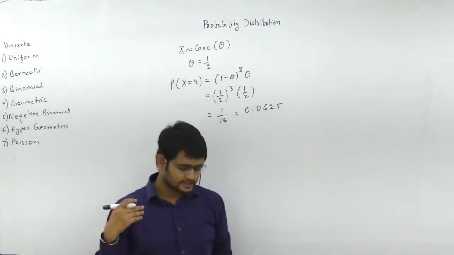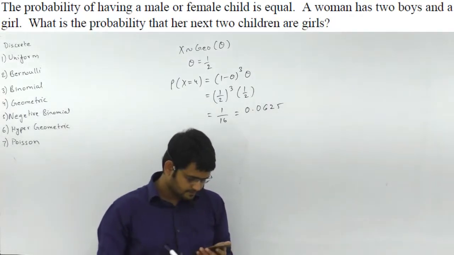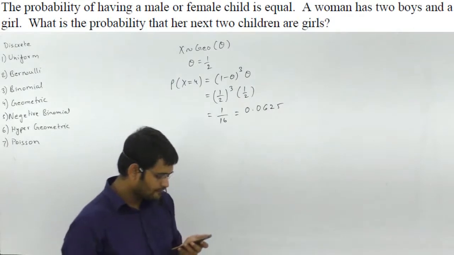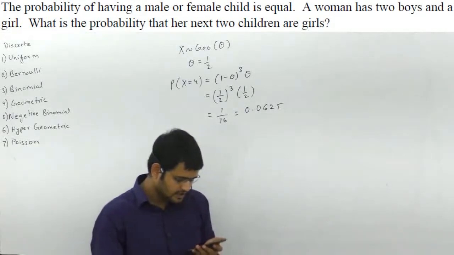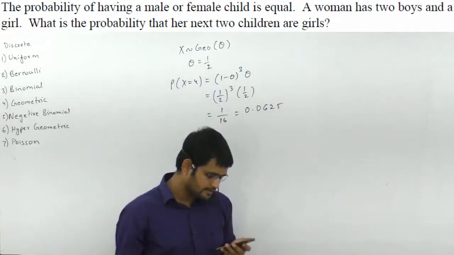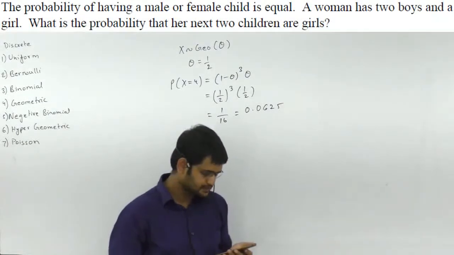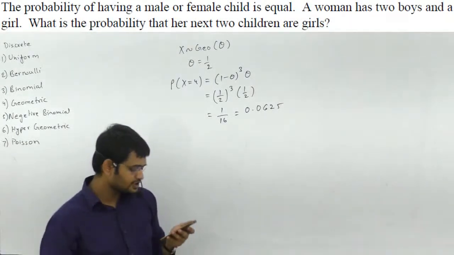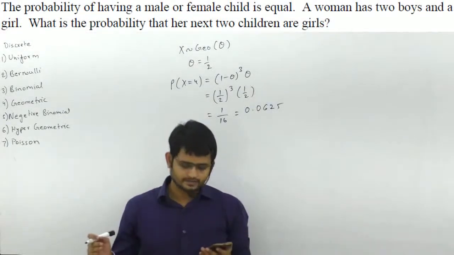Now let's see the next sum. The probability of having a male or a female child is equal. A woman has 2 boys and a girl. What is the probability that her next 2 children are girls? Here they have mentioned that a woman has 2 boys and a girl.